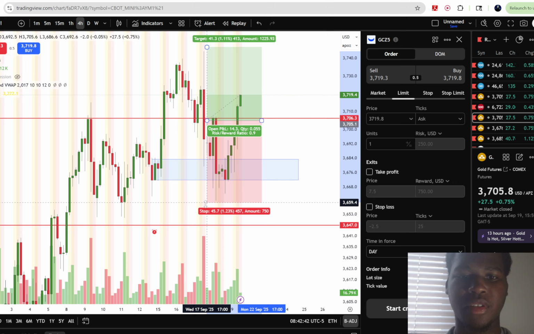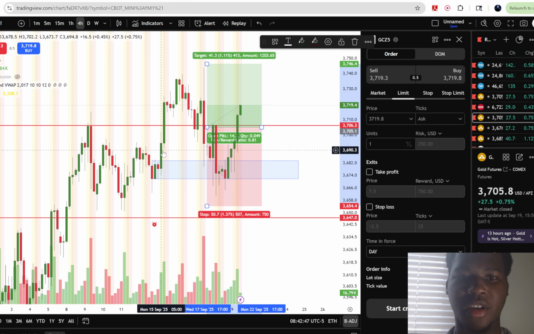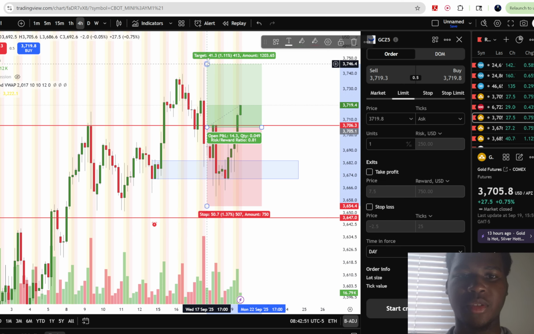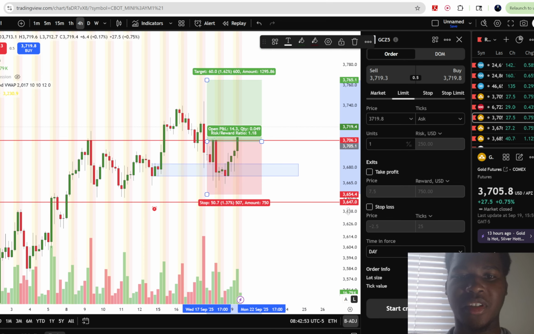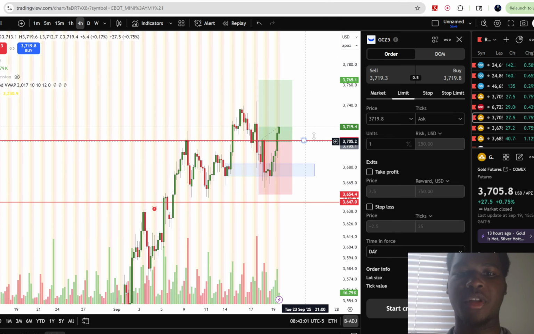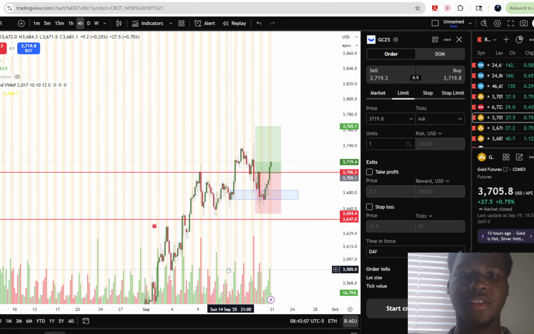I risk 50 points on gold, which is why I'm saying I would have been in profit on this trade. This is where having a big stop loss comes in handy, because you see it almost would have stopped me out and then gone in my favor here. But that's for another day, another trade.